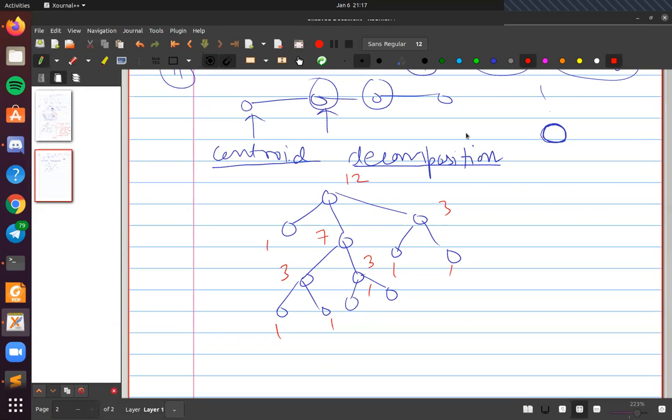In this case, the centroid was this node. Now, what is centroid decomposition? You are given a tree. Now you find the centroid.